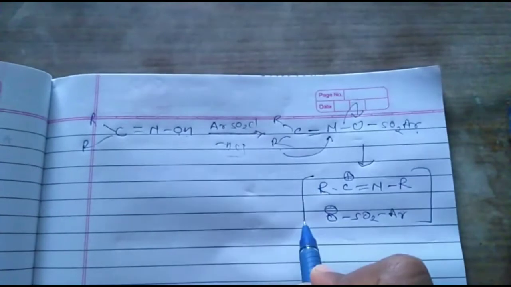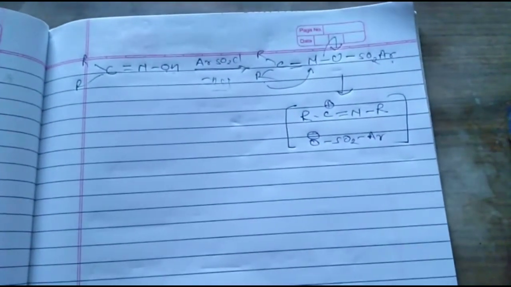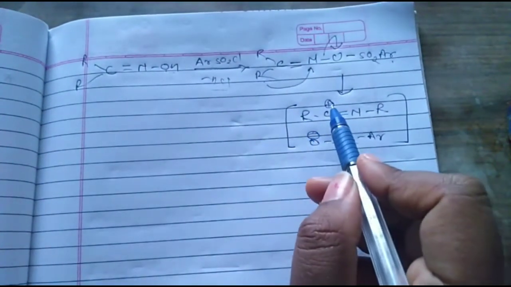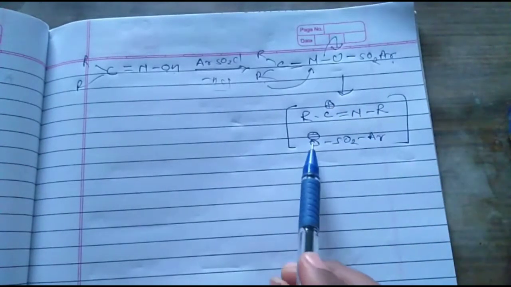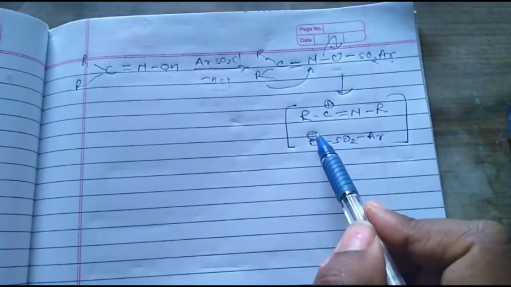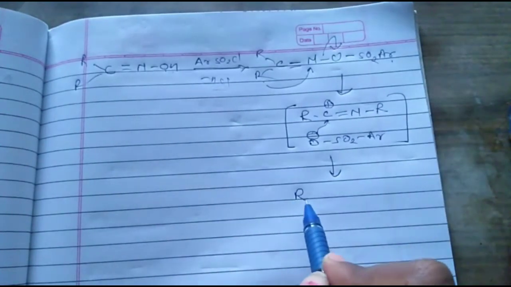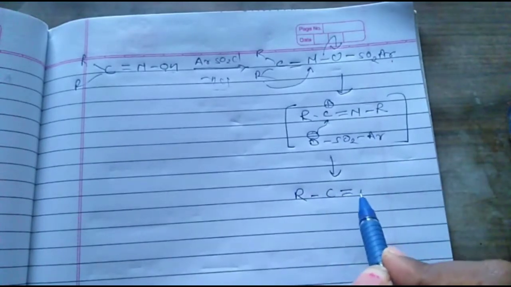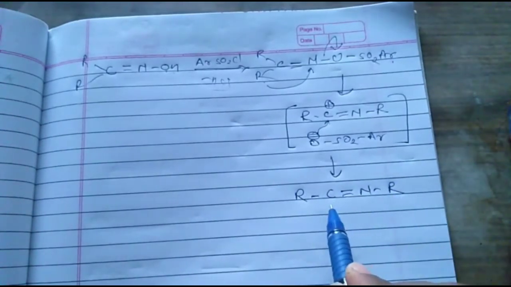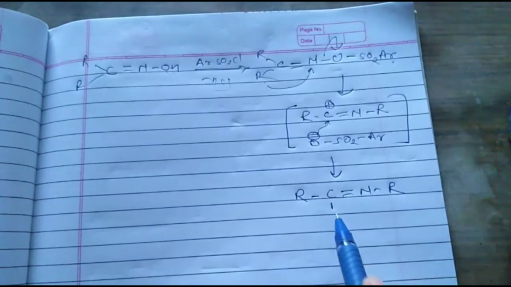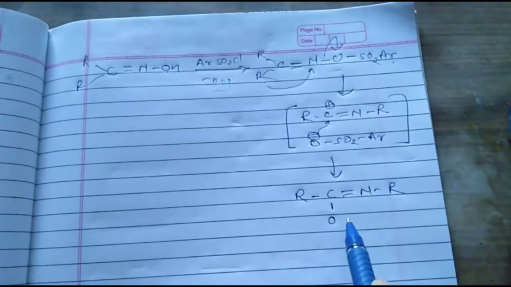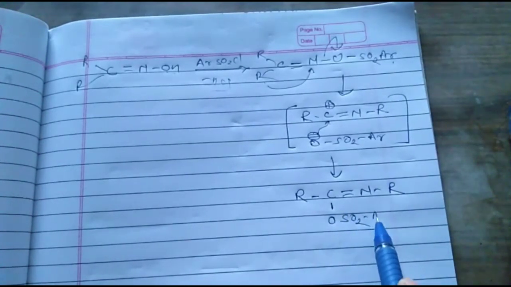This is the reactive intermediate. Then what happened here? This O- carbon becomes what? Positive charge, and here this oxygen has a negative charge. That means this oxygen is attached to this carbon, and there is a formation of this product, that is RC=NR, and here at this carbon there is an attack of OSO2Ar.